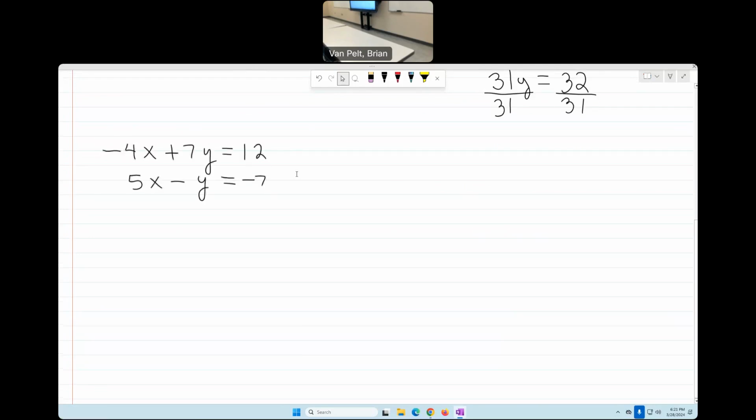Now, can you tell me what I should do to make the y's eliminate? 1 and 7? The 1 doesn't matter, will it? So I'll multiply the top one technically by 1 and the bottom one by 7. Notice that the signs are already opposite, so I don't have to do anything with a negative number.